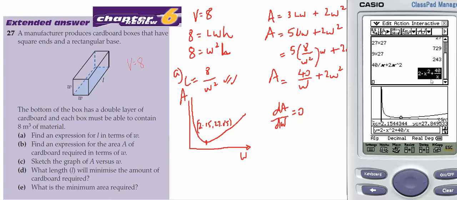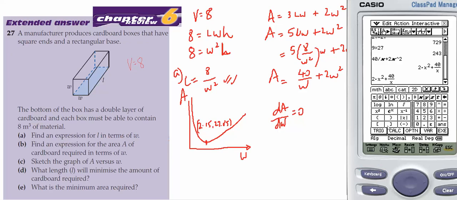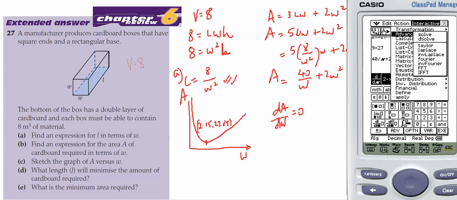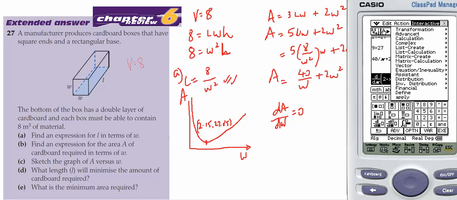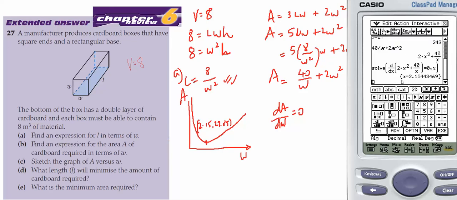So if I take this expression in a new line, select it, 2D, calculate derivative with respect to x, set it equal to 0, and solve. x equals 2.15.